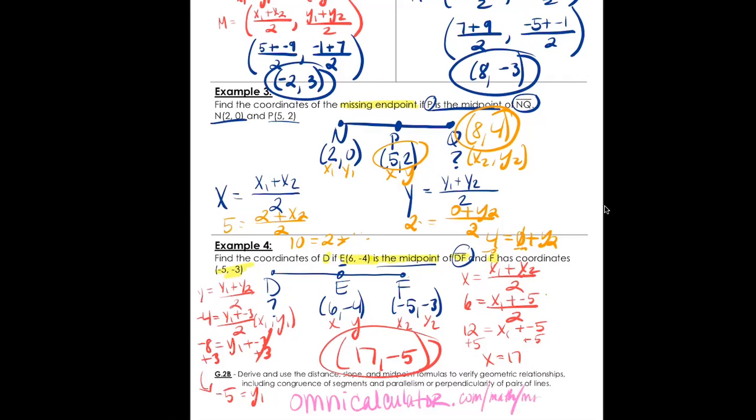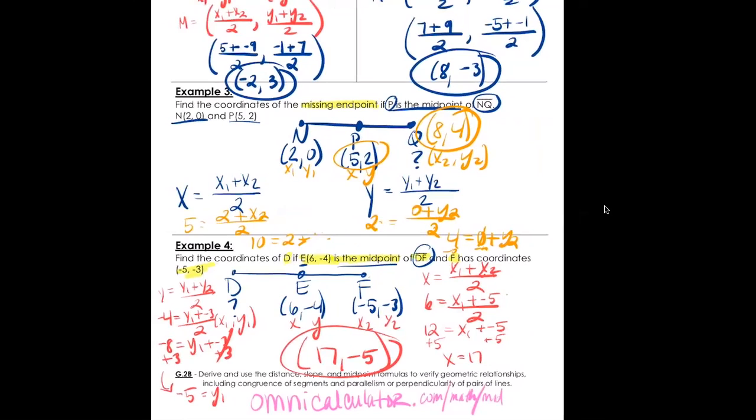We're going to go to omnicalculator.com/math/midpoint. That website is pinned in your Google Classroom. Let's go and see what that looks like.